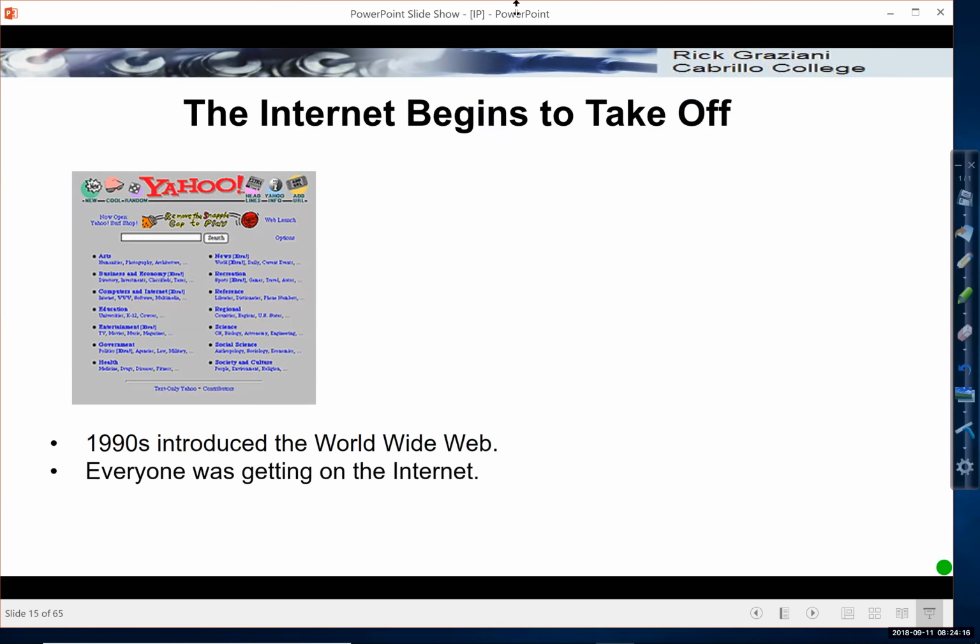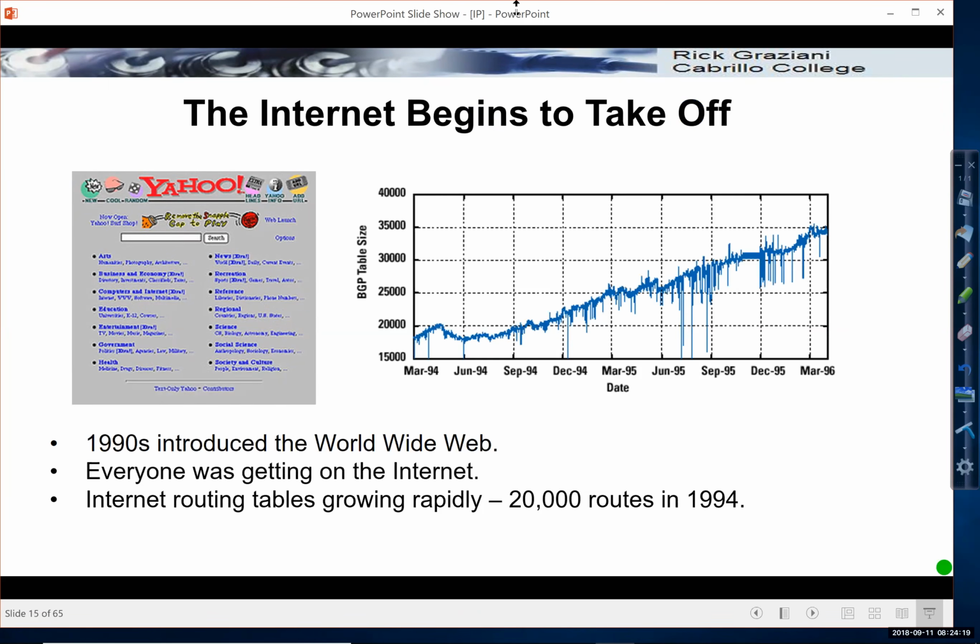Everybody was getting on the internet. Email was one of the other big reasons to get on the internet, and of course, the World Wide Web. And we saw internet routing tables begin to grow rapidly. As a matter of fact, the IETF, the Internet Engineering Task Force, realized as early as the early 1990s that they were going to run out of IP version 4 addresses.